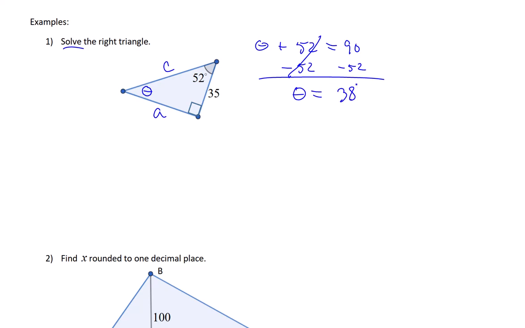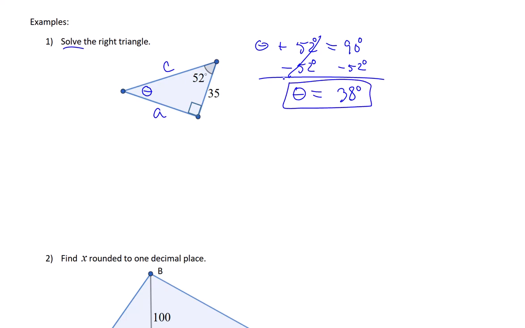Now, all of these angles are in degrees, so I'm going to mark that as 38 degrees. And in fact, we should mark the 90 as 90 degrees and the 52 as 52 degrees all the way throughout, because we're really working with degrees. Which means our angle theta, the one angle we did not know at the beginning of this problem, is 38 degrees.